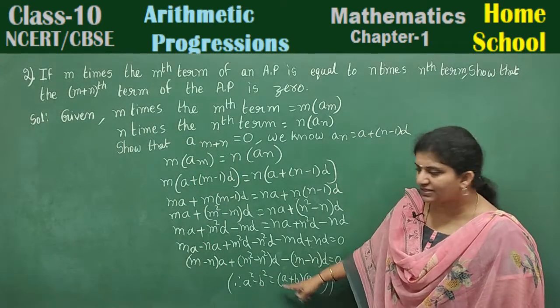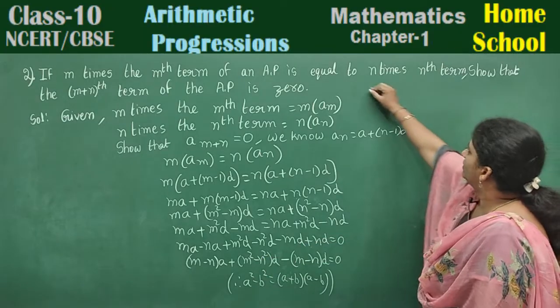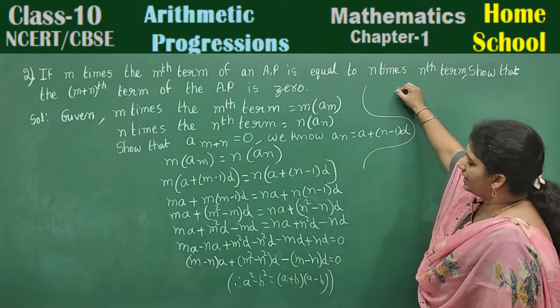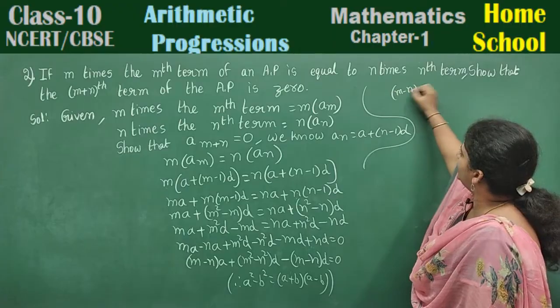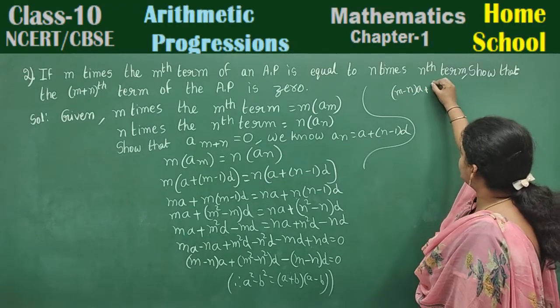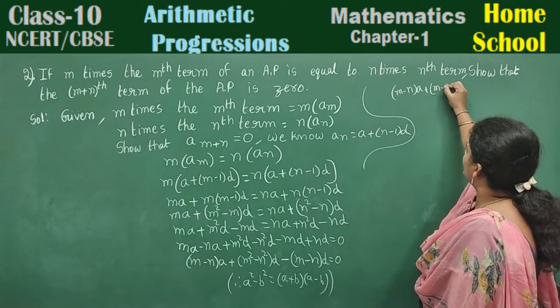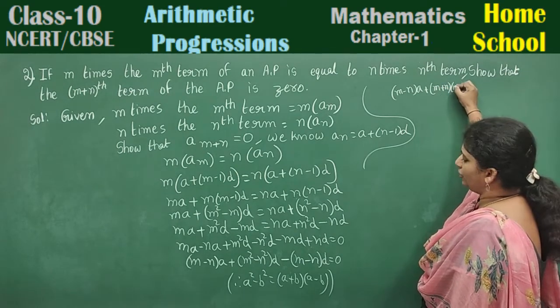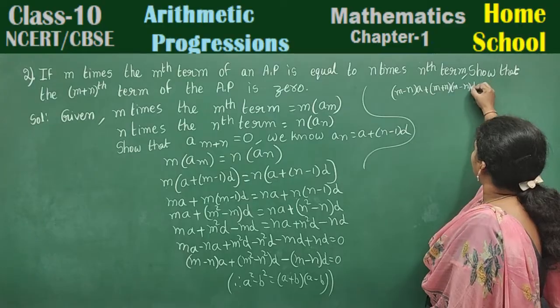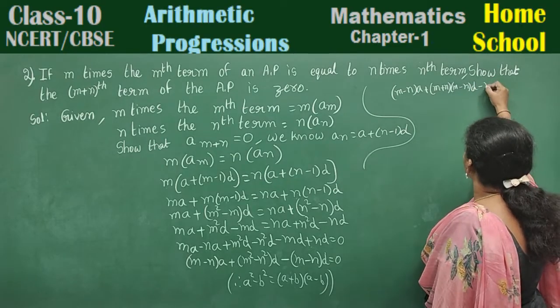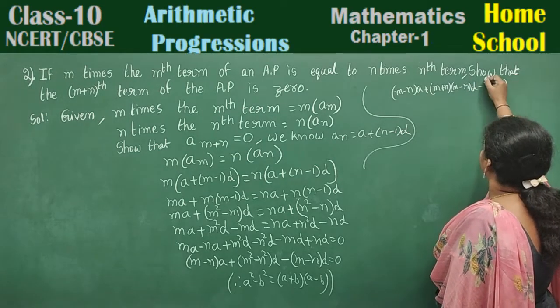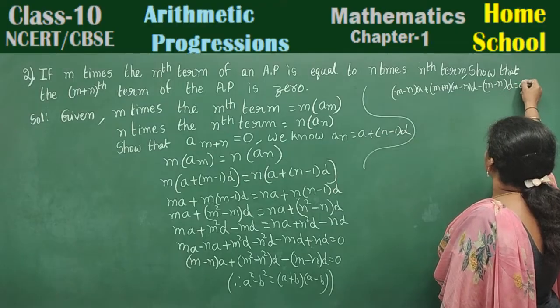Let us apply this formula here. M minus n into a, plus m square minus n square can be written as (m plus n) into (m minus n) into d, minus (m minus n) into d is equal to 0.